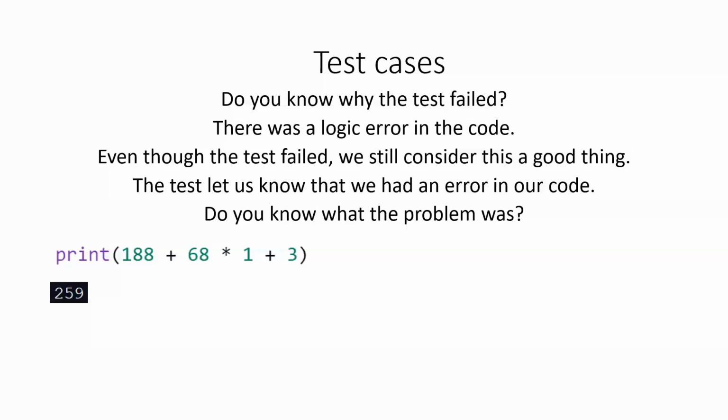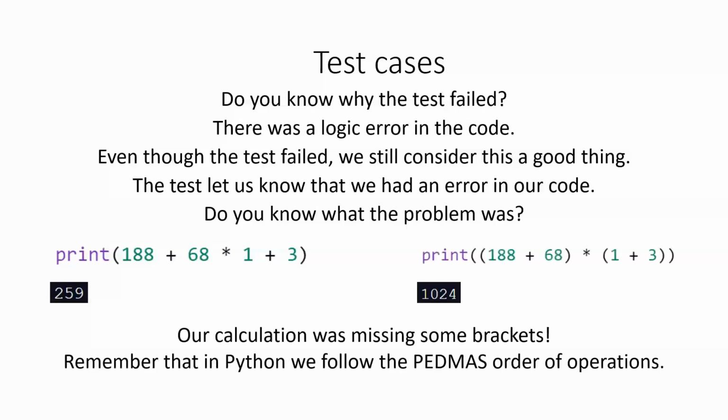We have to remember PEMDAS. We always do parentheses or brackets first, or BODMAS is another way of putting it. We always have to think of the order of precedence. What happened in this one was the 68 and the 1 were multiplied together first, and then 188 plus 68 plus 3, and that gave us 259.